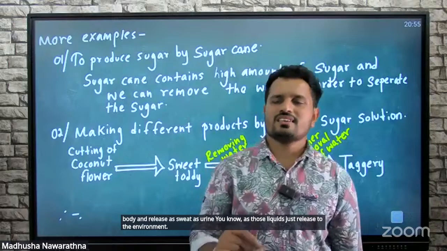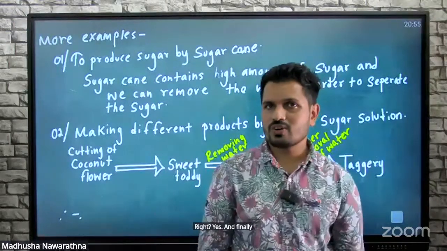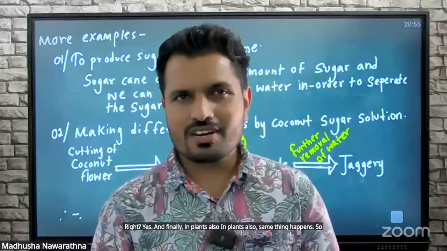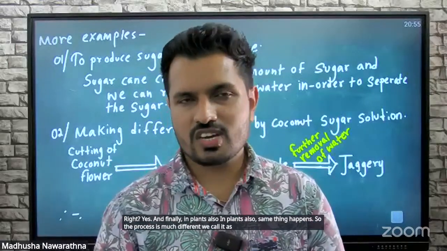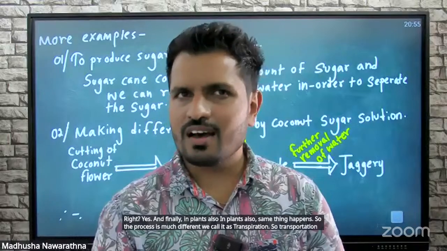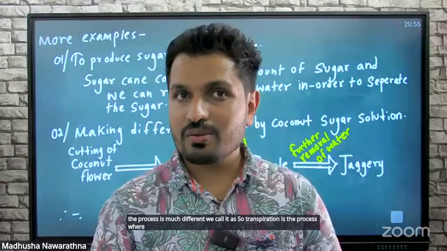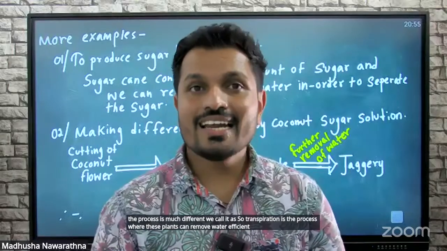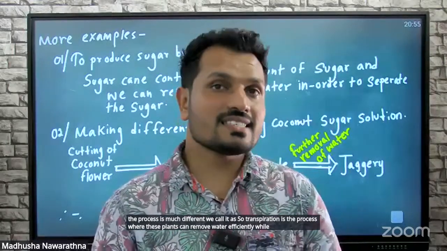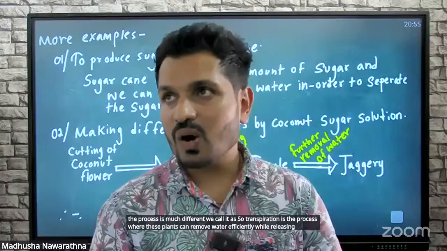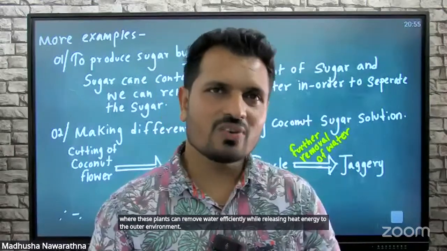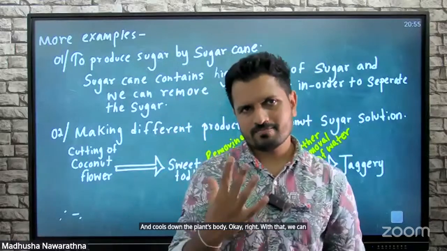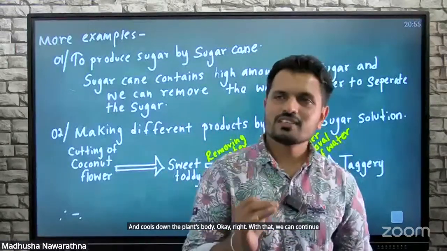And finally, in plants also the same thing happens, though the process is different. We call it transpiration. Transpiration is the process where plants can remove water efficiently while releasing heat energy to the outer environment and cooling down the plant's body. With that, we can continue with water as a coolant.